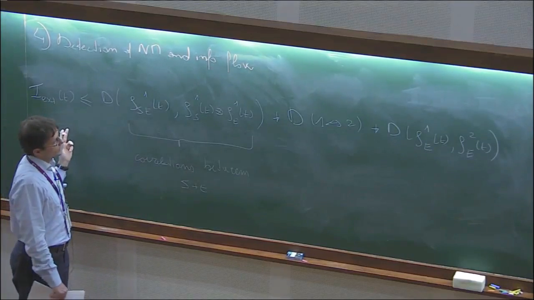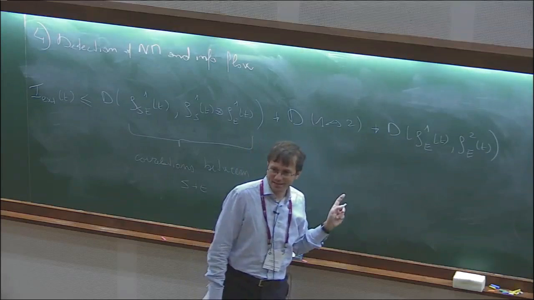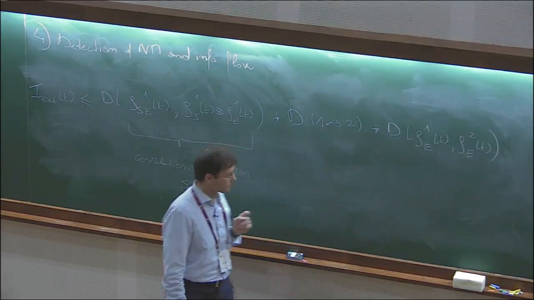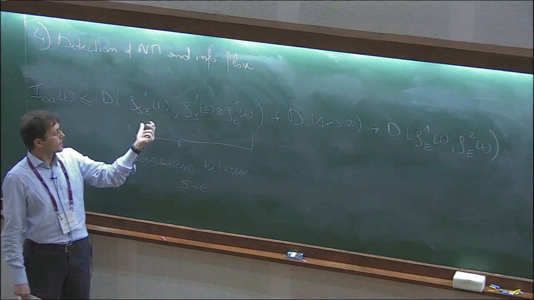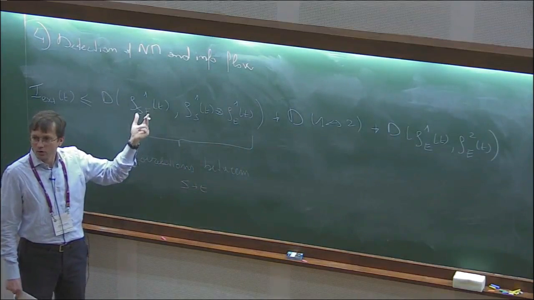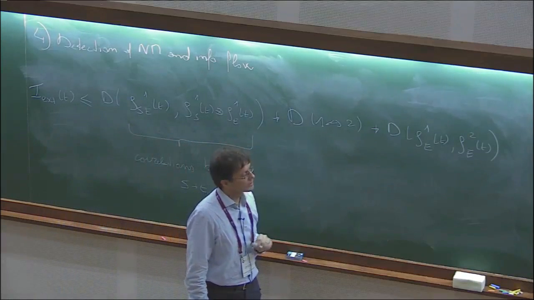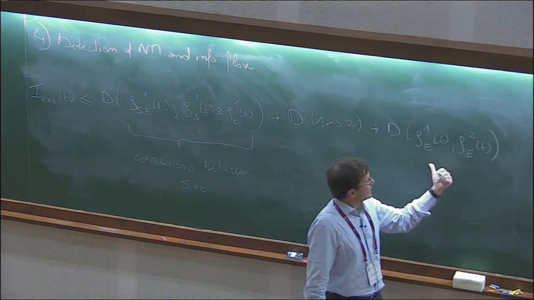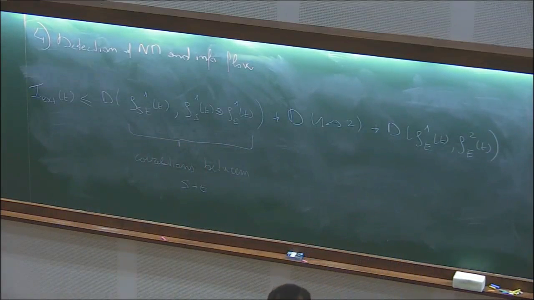And in order to be greater than 0, it must be that at least one of these three is greater than 0. Which means that either there are correlations in the system-environment state evolved from the condition 1, or the correlations in 2, or the states of the environment have been affected by an interaction with the system and in different ways according to the initial state.